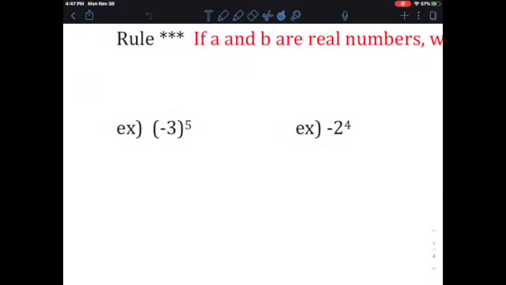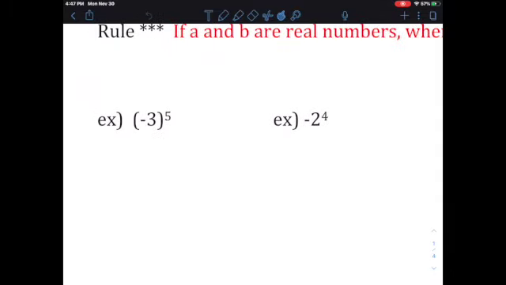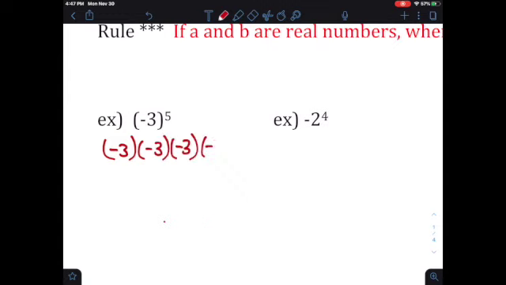On question number 1, when they say distributive property, a lot of you make the biggest mistake because you are looking at the sign and not realizing that you also have the 5th power. Technically, if you think about this problem, you really have -3, -3, -3, -3, and 5 of them.